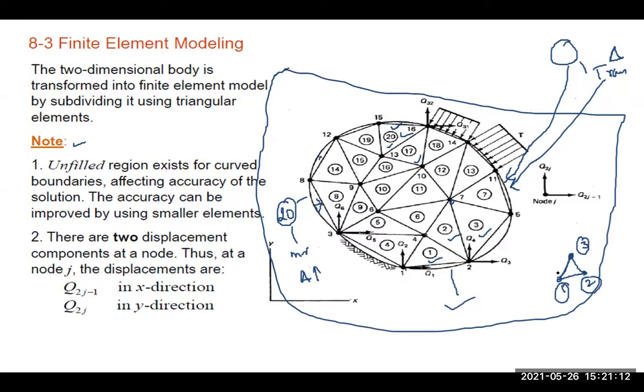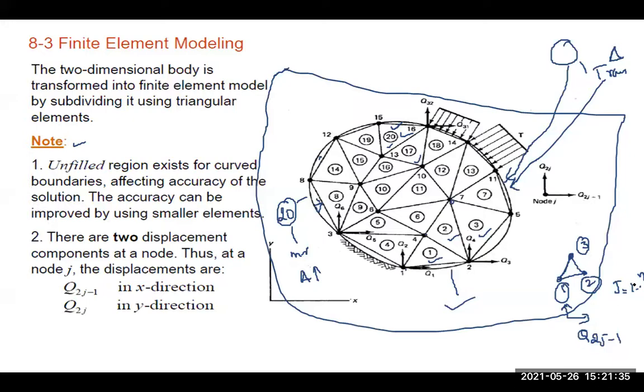I said each triangle has 3 nodal points, so every nodal point has a displacement in the x direction as well as the y direction. The x directional displacement we can call q, and that would be q of 2j minus 1, where j is equal to 1 to n.